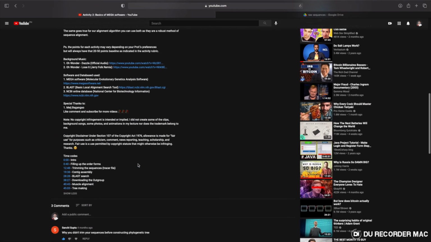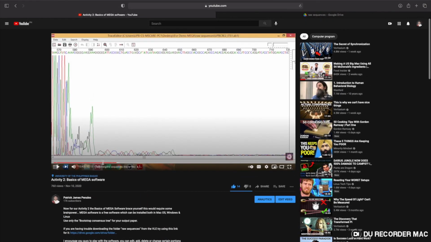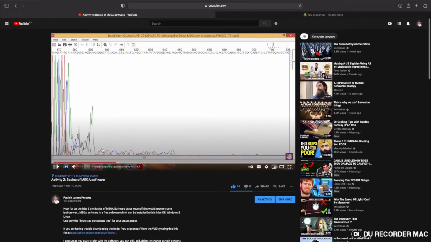It has timestamps right here: the filling up of order forms, trimming the sequences in the tracer file, contig assembly, BLAST search, how we download the outgroup, MUSCLE alignment, and the tree making process is also here. If you want to study more on that, you can use the video that I created, and you can download the raw sequences right here if you want to practice. But if you have already done that, you're good to go.